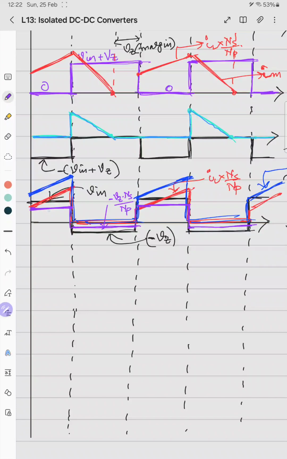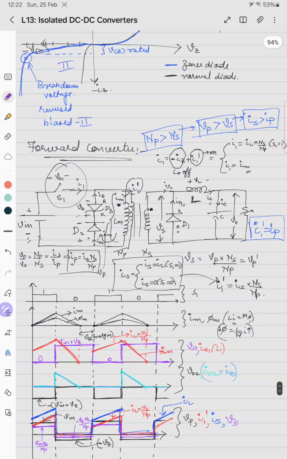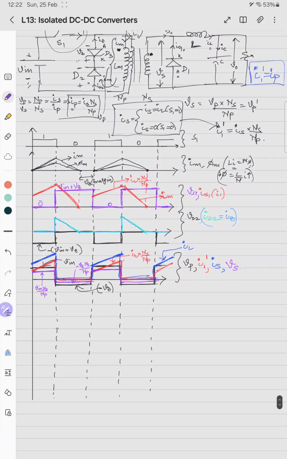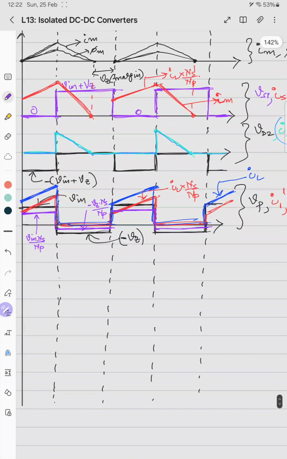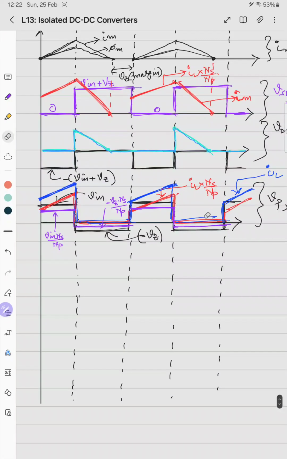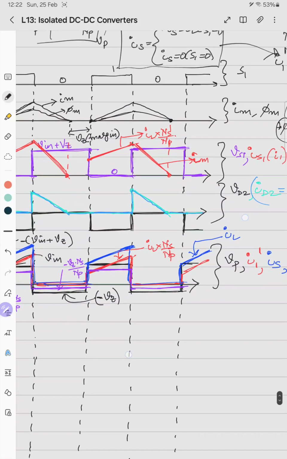And this value becomes V in into NS by NP. So VP is equal to VS only, but with a different turns ratio and different gains. So the secondary side is also done.